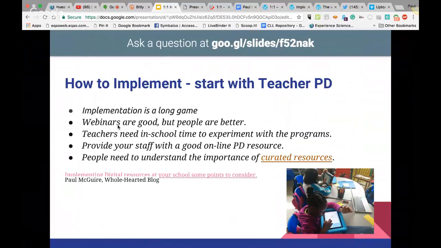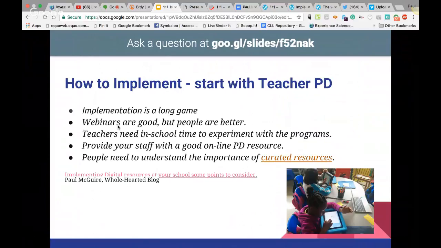The best support was where people could come into the school and talk to teachers, or where the organizations could provide me with professional development material that I could train the teachers with. So that became really, really important.